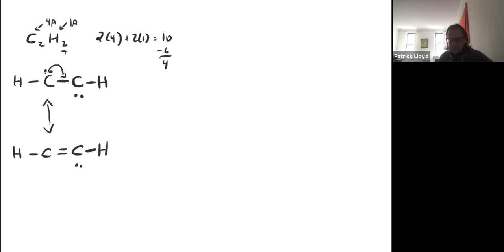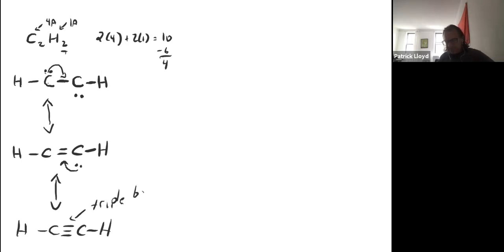Just push the pair over. But that only gives each carbon 6. So what are we going to do? Push another pair over. And there we go. Now each carbon has 8. That's called a triple bond. The triple bond is typically very strong. It has 3 pairs of electrons holding those 2 atoms together.